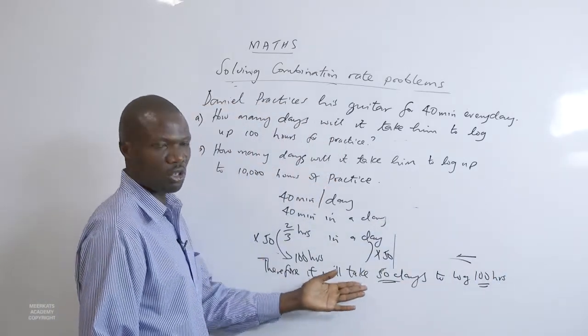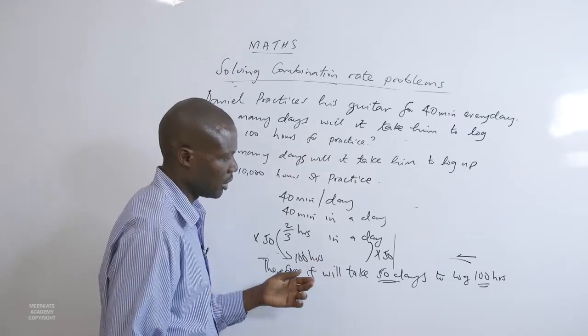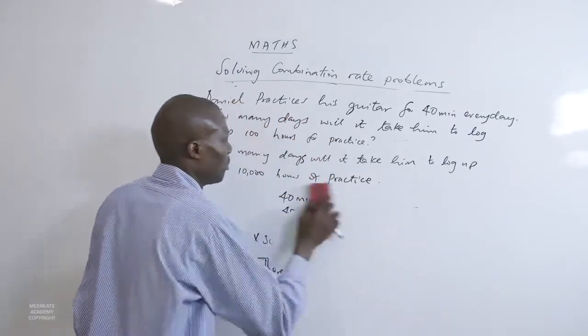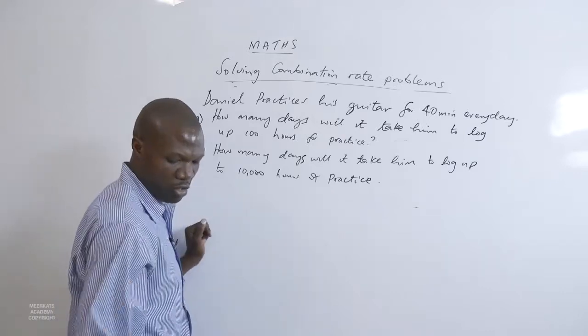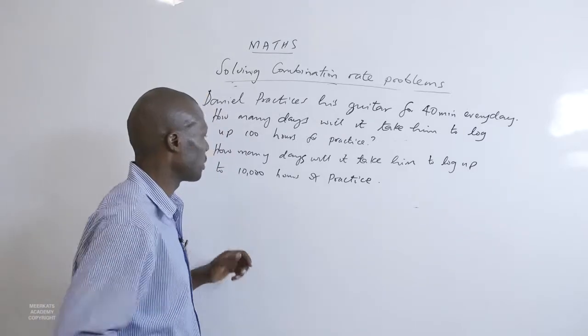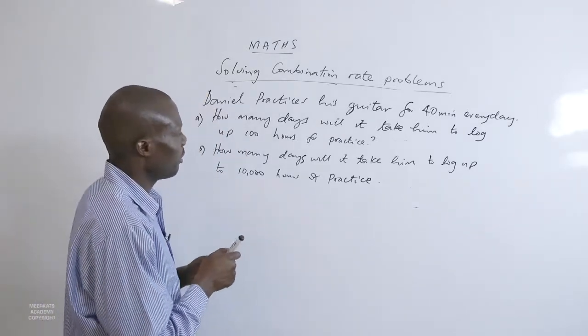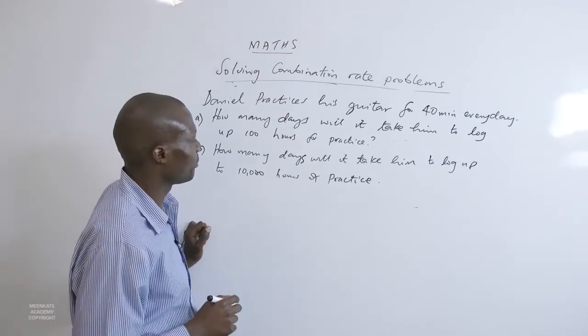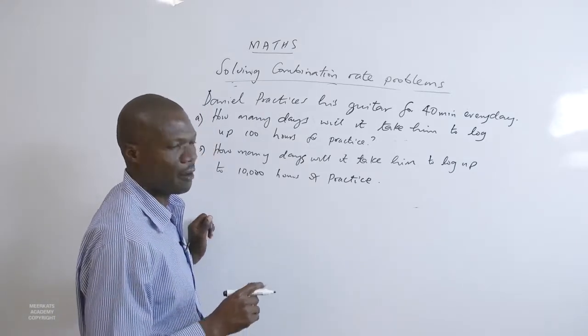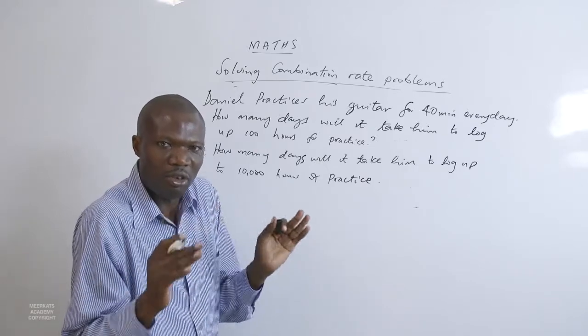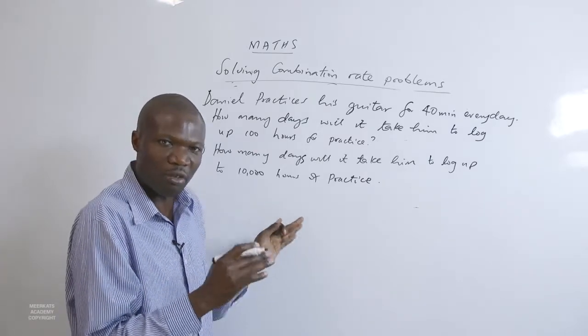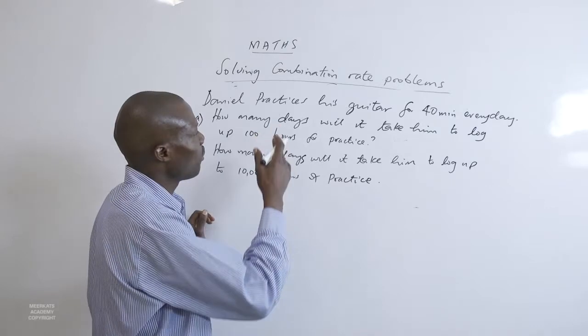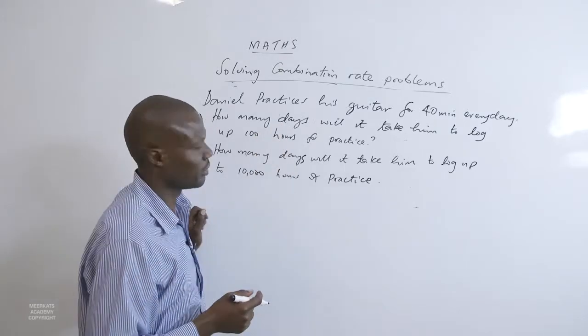For 100 hours, you are talking of 50 days. So now we are going for 10,000 hours. Remember everything, we want to find out the number of days, and on this other side we have number of hours. The question you have been given in minutes.